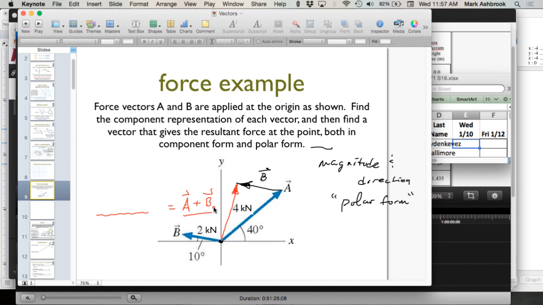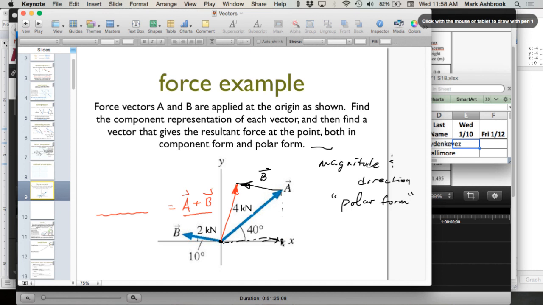So if this is 4 kilonewtons, 40 degrees above horizontal, how can you get the components of that? So think of this as x component and y component.